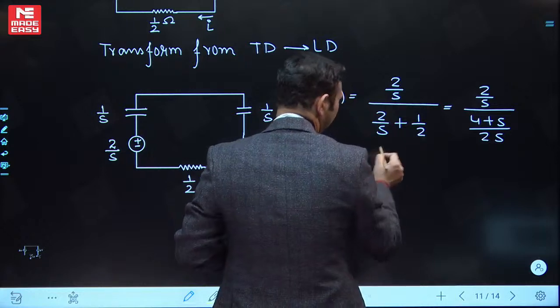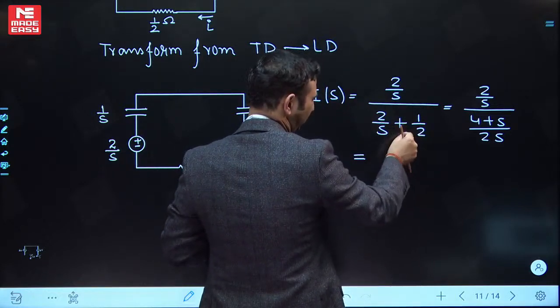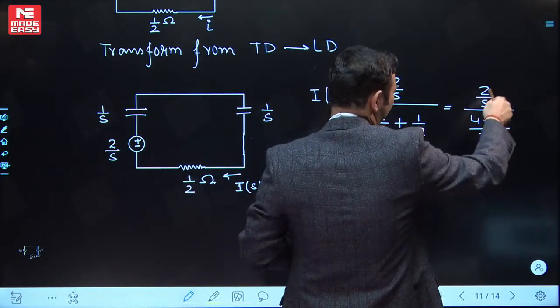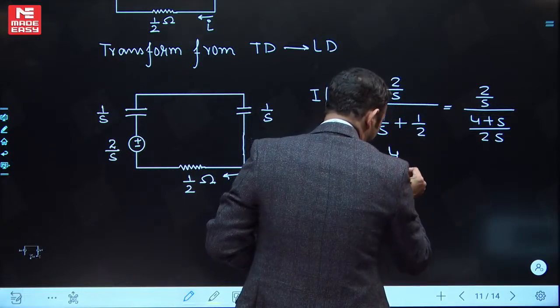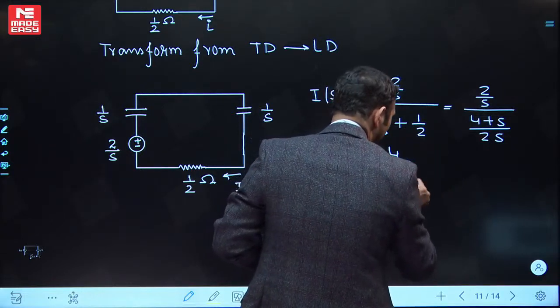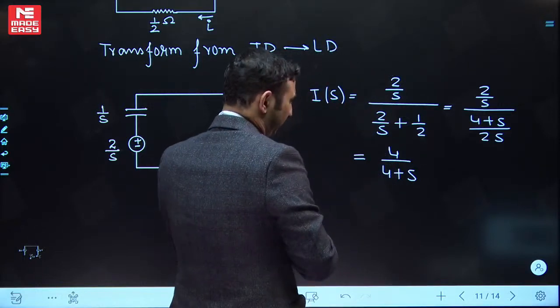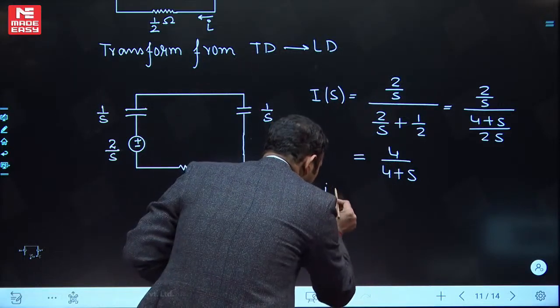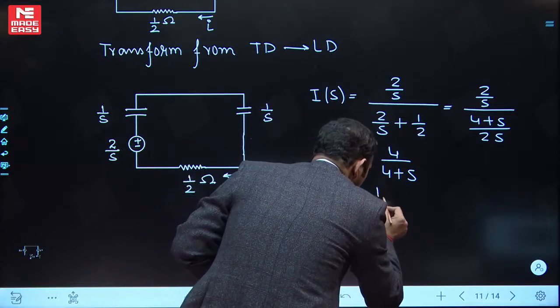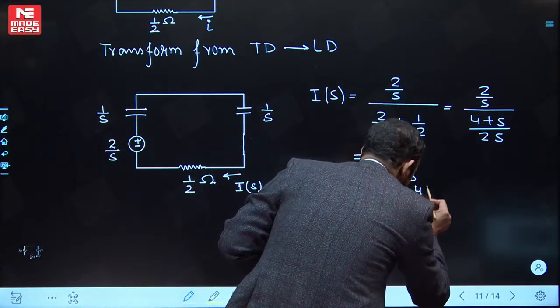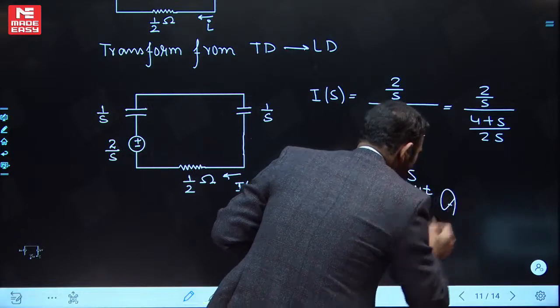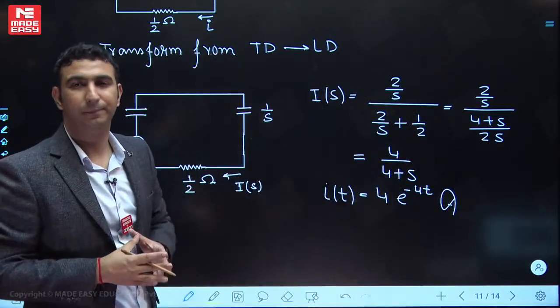Because 2 and 2S cancel, it will go in the numerator, S and S will get cancelled. So what I am left with is 4 divided by 4 plus S. If we take the inverse Laplace transform, i(t) is coming as 4 e to the power minus 4t ampere. Task over.